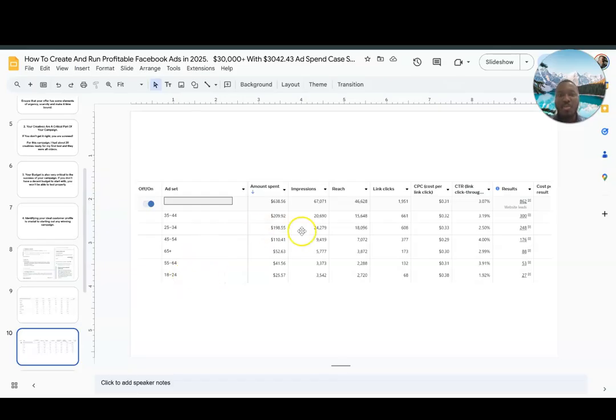If you see, most of the people that came onto this campaign and became leads and customers were majorly in their 35 to 44 range. Then I have some 25 to 34, and some 45 to 54. But 65 plus, 55 to 64, and 18 to 24, that range is quite low.